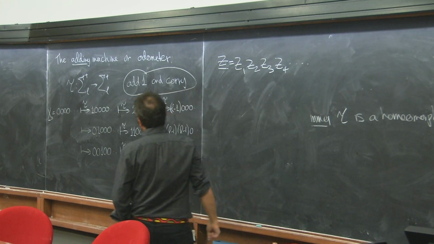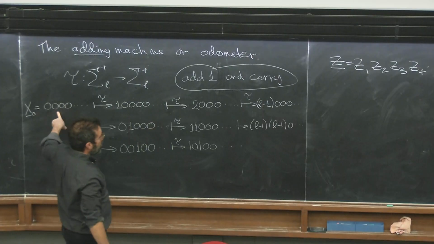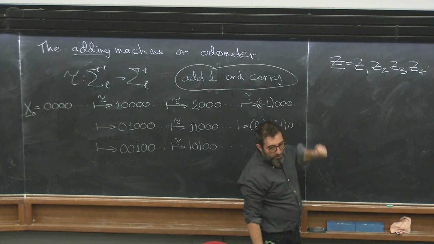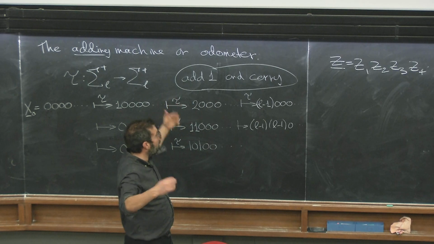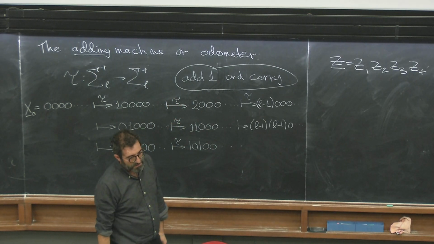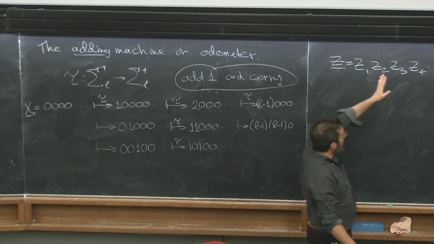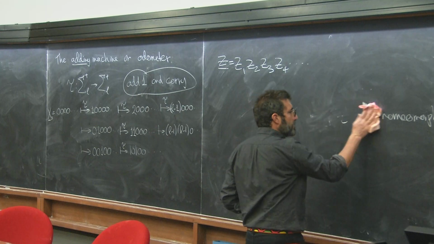Is it true that the orbit of 0 will, if we wait long enough, come arbitrarily close to this point, whatever this is? This is not necessarily eventually 0. This is any point.